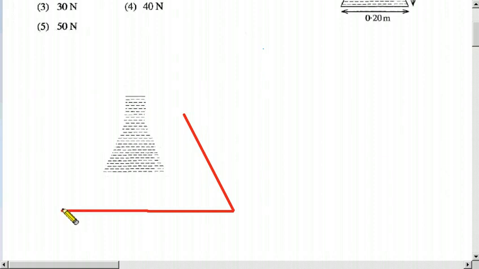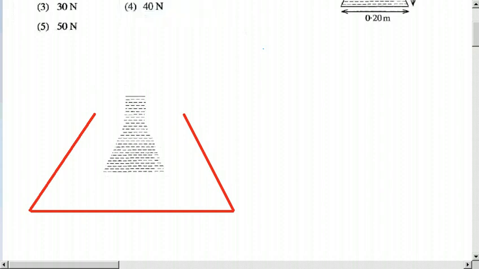Then I draw the flask some distance away so that I have room in between the flask and the water to mark all the forces. So this one is the flask. This part we don't want.